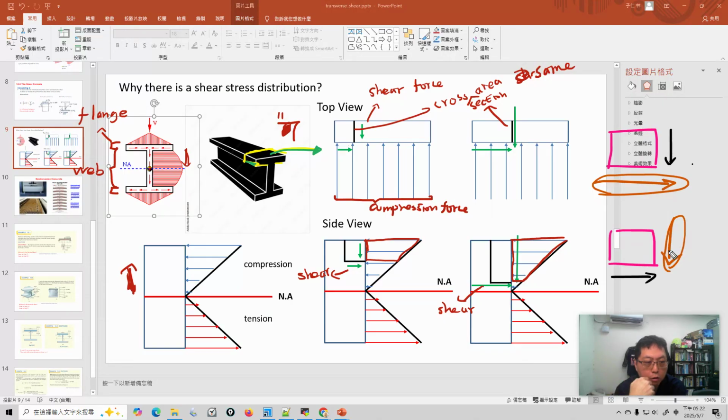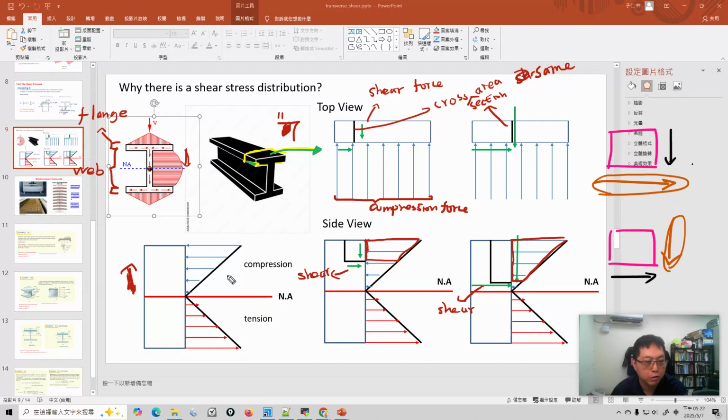So let's conceptually explain why there is a shear force distribution in the beam. I hope you can get more understanding about the shear force distribution in beams. It also comes from the rigid body equilibrium and the shear force balance.